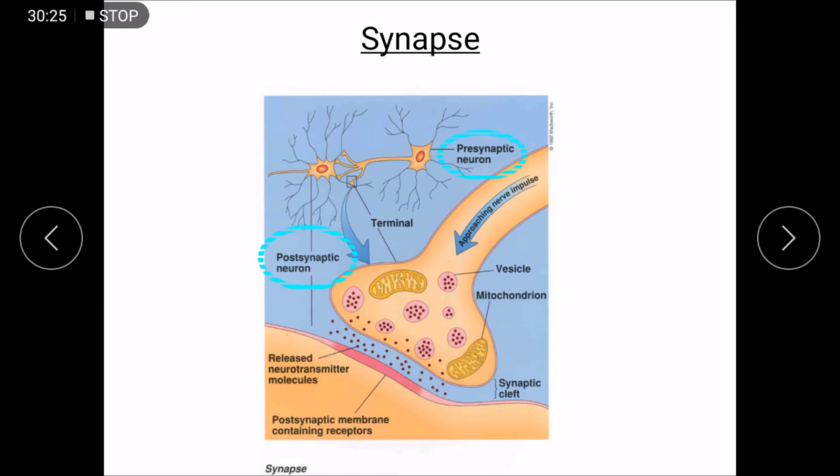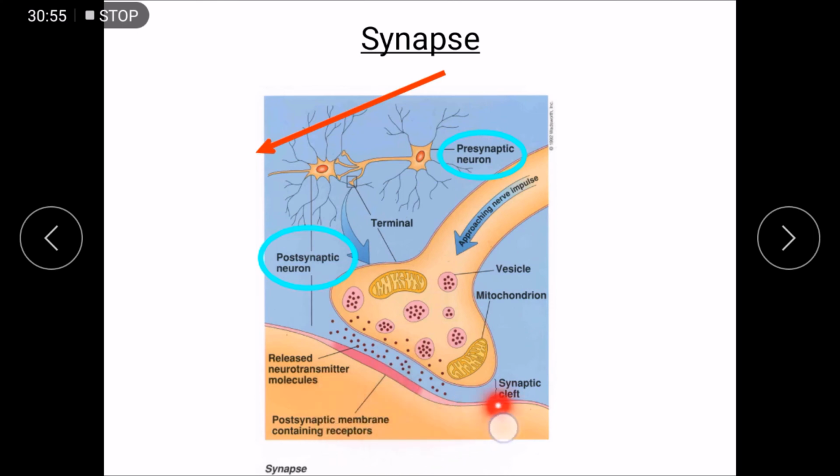We zoom in, you will see the nerve impulse. From the nerve impulse, I go down. See the arrow from up to down. So here also, this is the nerve impulse direction. You have this vesicle, and then you have mitochondria to give energy for the vesicle to release the neurotransmitter, and then there is a receiver, or the receptor.